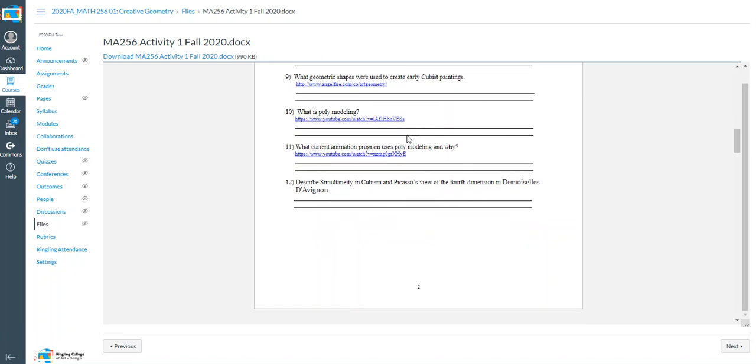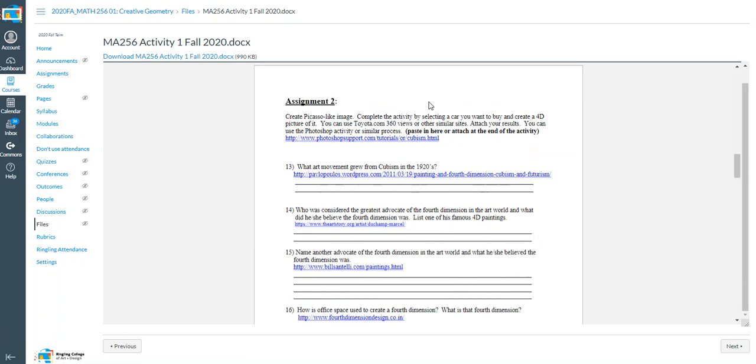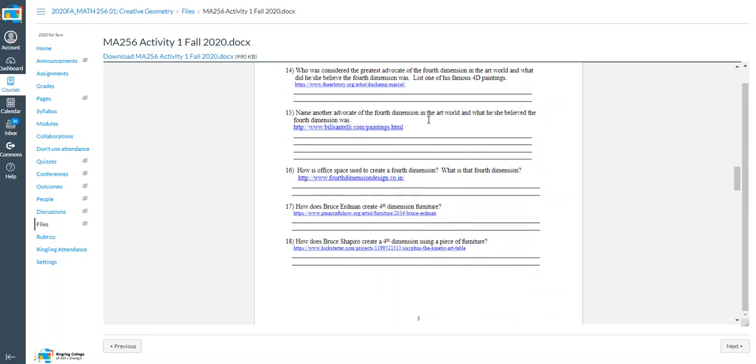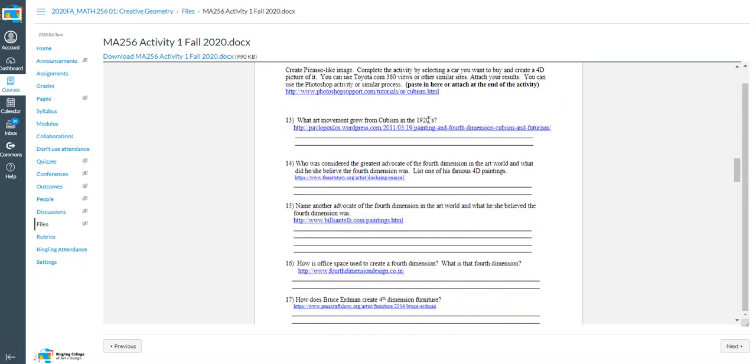Again, we looked at the Picasso-like picture, and we don't want to repeat. Your project can't be just a repeat of what we did in the assignment, where you took a picture from different angles, pieced it together, and that was it. We need something more added to that. I'm really trying to push being creative, so there's no real right or wrong as long as you follow the basic directions.